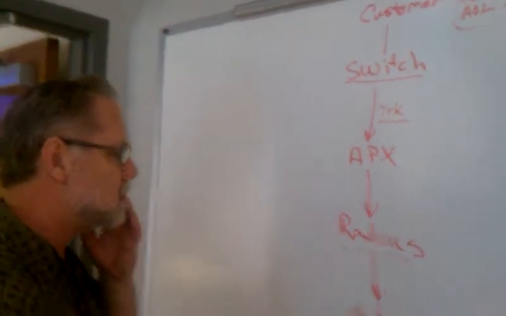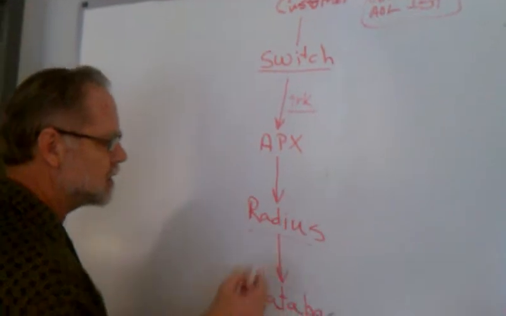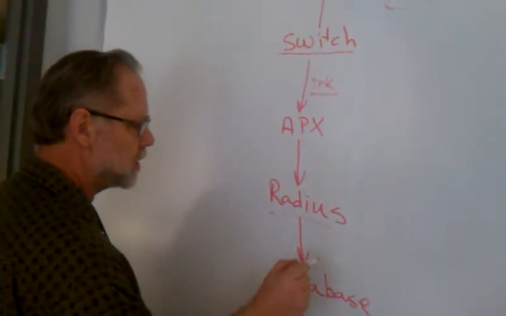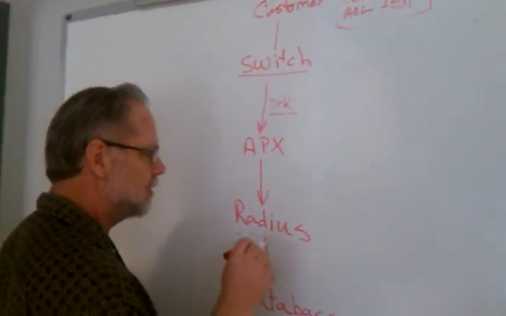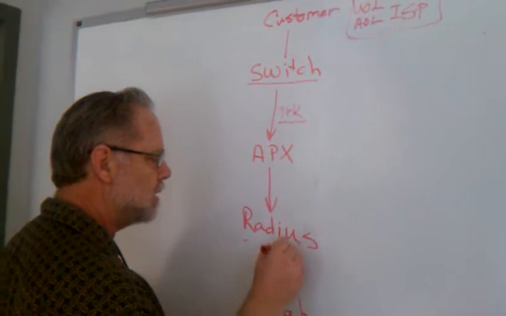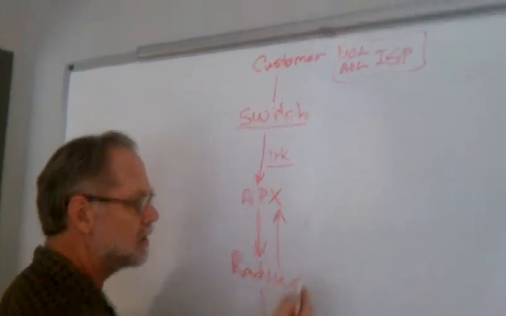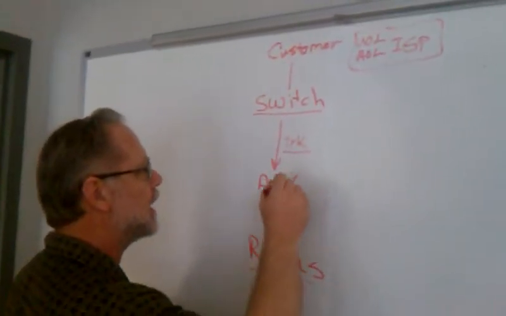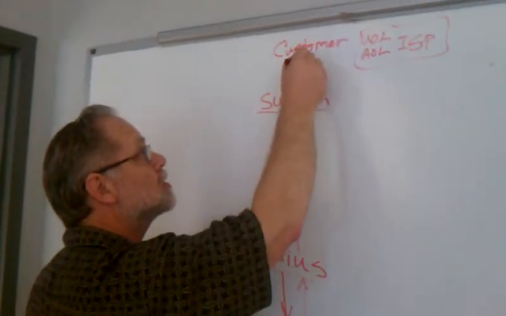Regulatory purposes, yes. Correct. So anyway, it looks up in this Oracle database, and then returns from the database through the radius server to the apex, yes or no, whether this customer is allowed on the network. If it is yes, then it goes all the way back to the switch, to the customer.